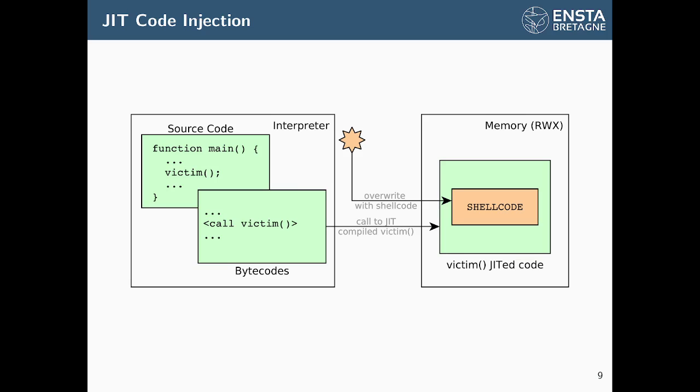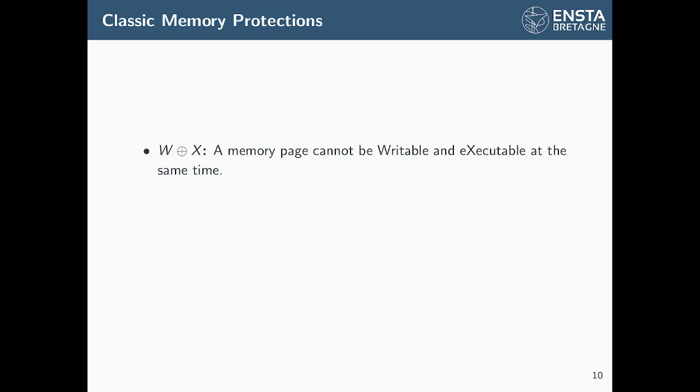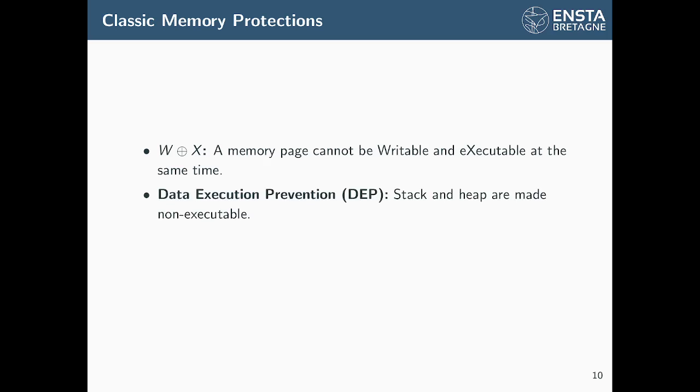So this was possible in the very beginning, but is not possible anymore due to several protections, such as W XOR X. This means that a memory page can either be writable or executable, but not both at the same time. You can prevent the execution of pieces of memory that you know are data, such as the stack or heap, for example.